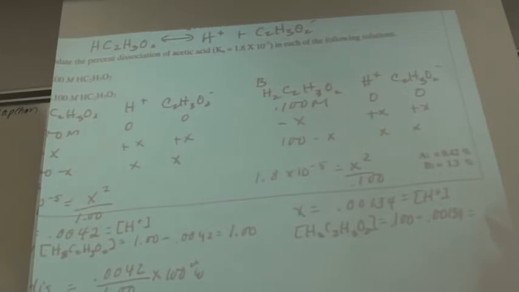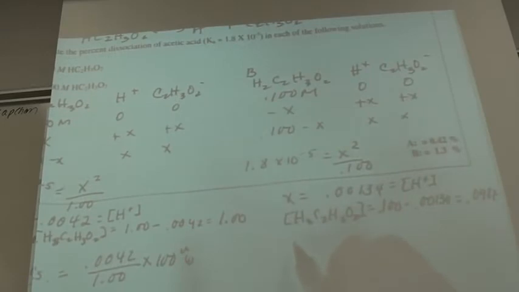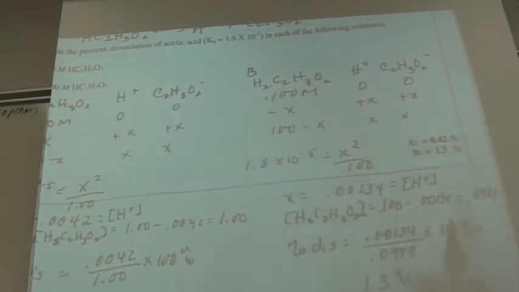So the percent dissociation is equal to 0.00134 over 0.0987 times 100, and that is equal to 1.3. Okay. So it turns out that the less concentrated one dissociates the most.